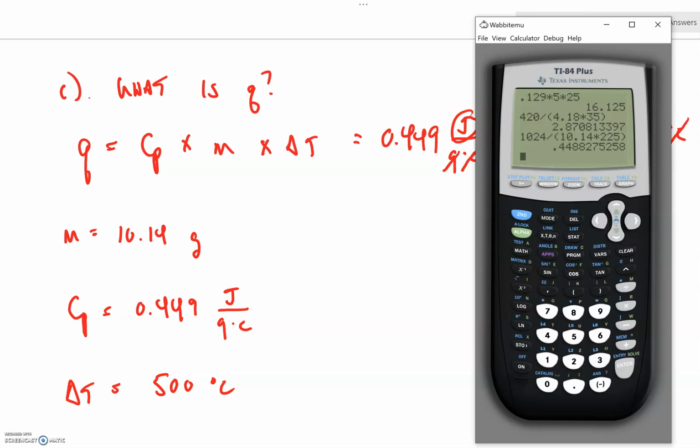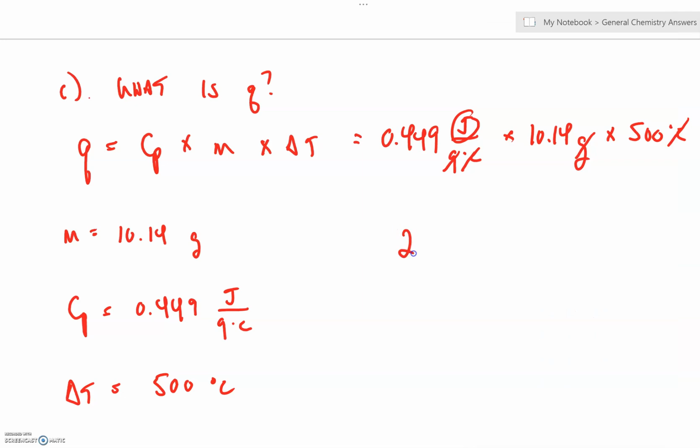So I'm going to bust out my calculator and we're going to say 0.449 times 10.14 times 500. Ladies and gentlemen, 2,276.4 joules. And there you go.